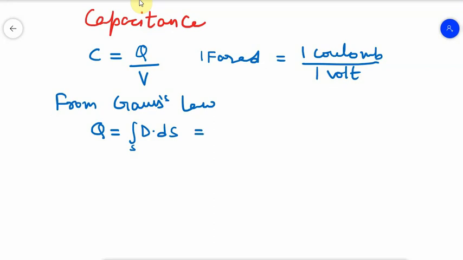D dot dS can be written as epsilon 0 epsilon r and the electric field E dot dS, or we can simply write epsilon 0 epsilon r as epsilon, so E dot dS.